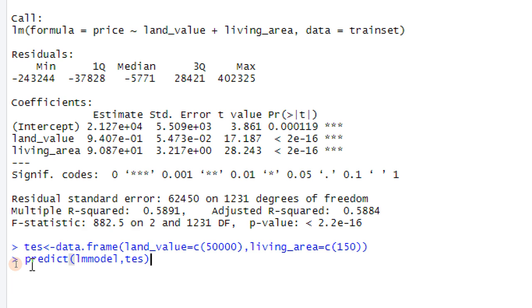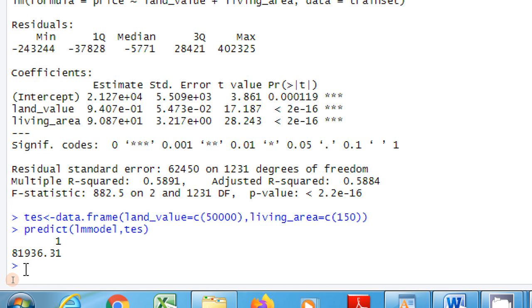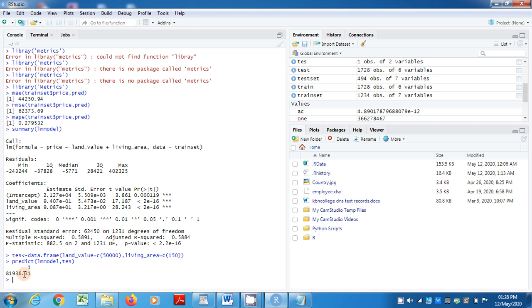So this is the price of the house, and this predicted value is 73% accurate. And this is all about linear regression.